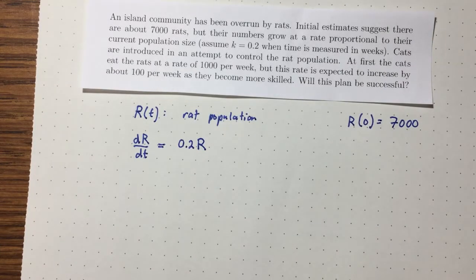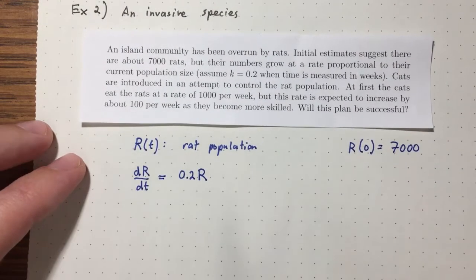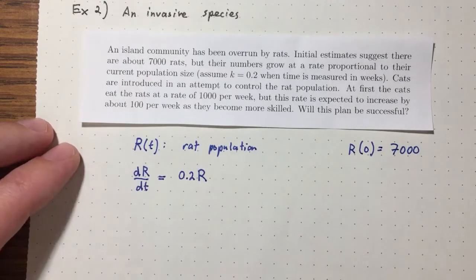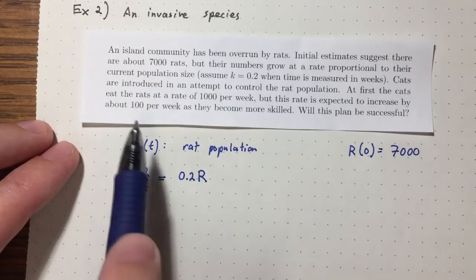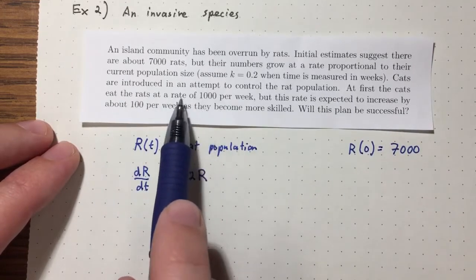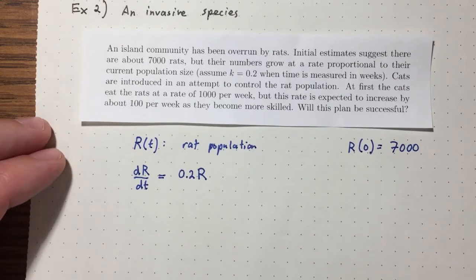Okay, but it's not going to be that simple, actually. We're going to introduce a predator to try to control the rat population. So we're introducing cats. And at first, the cats are going to eat the rats at a rate of 1,000 per week. So what is that saying?